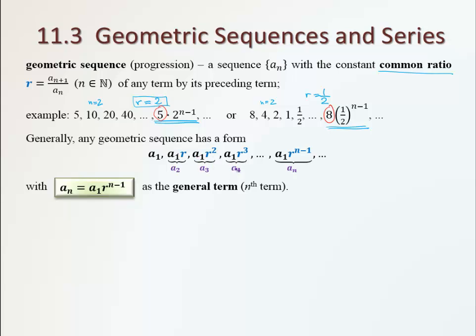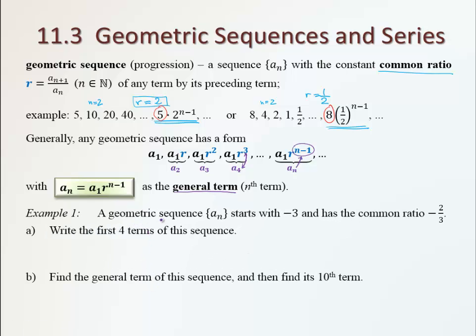And the fourth term will be the previous term times r, so it's a1 times r cubed. Notice that this exponent 3 is 1 lower than the index of the term. So generally, the nth term must follow the pattern: the first term times r to the power n minus 1. And that's how we come up with the formula for a general term of a geometric sequence.